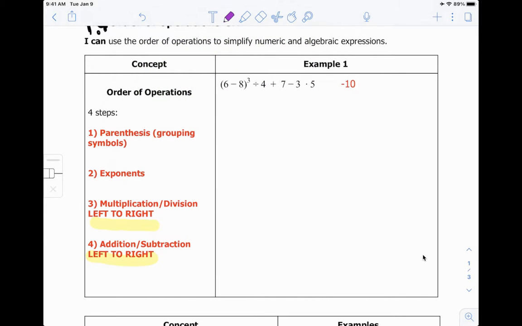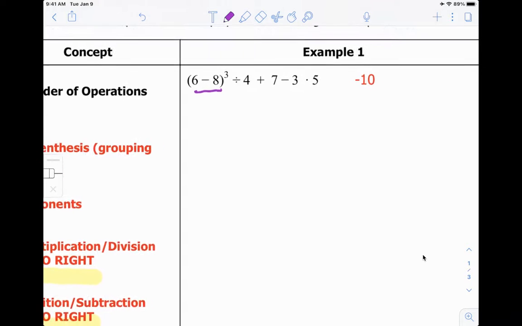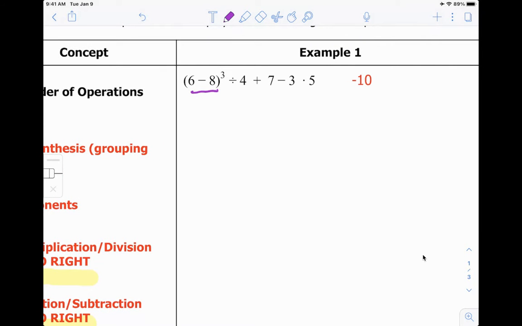So I'm going to do our first step with this parentheses right here. And I know that 6 minus 8 is -2. And that's in parentheses, and that's cubed, divided by 4, plus 7, minus 3 times 5. I am writing vertically, and I'm just going to make sure that I compare what I wrote to the line above it.